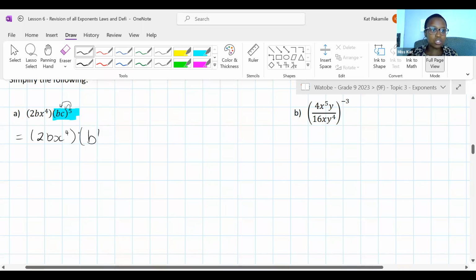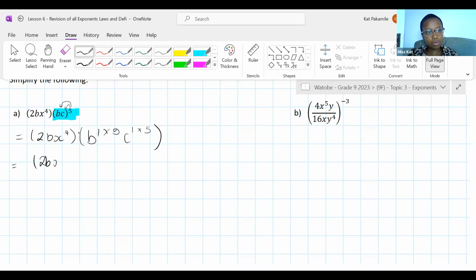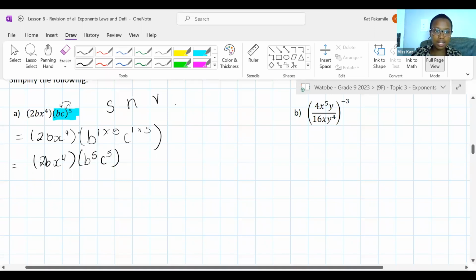Thank you very much, guys. You are superstars. Okay. So it's 2bx to the power of 4. And we have b to the 5, c to the 5. Done, done, done. Okay. We're back to symbol, numbers, variables. Symbols, we have two positives here, right?